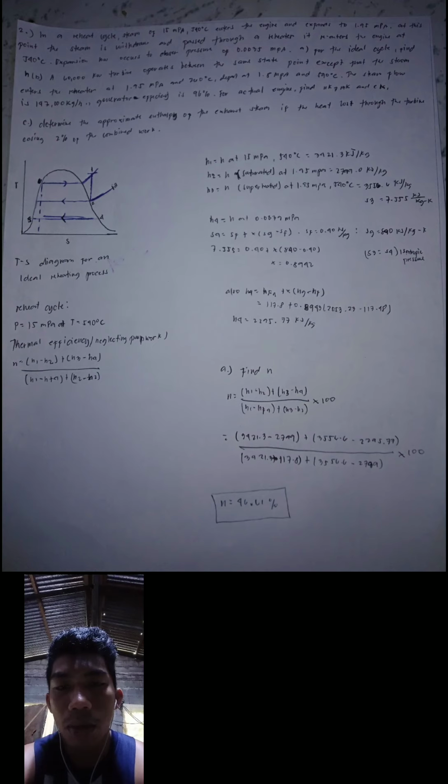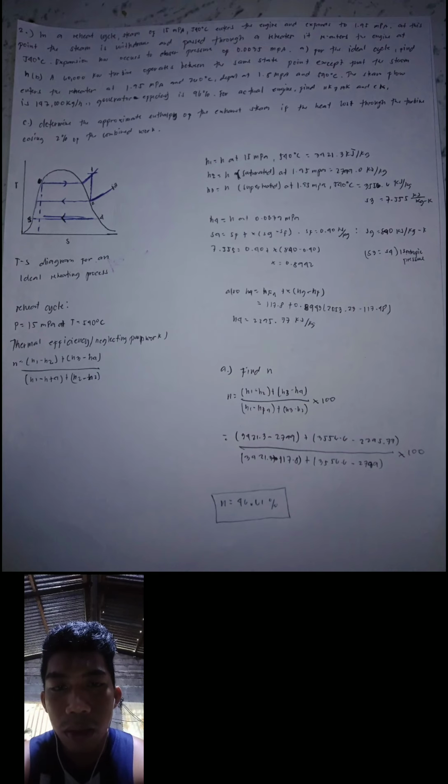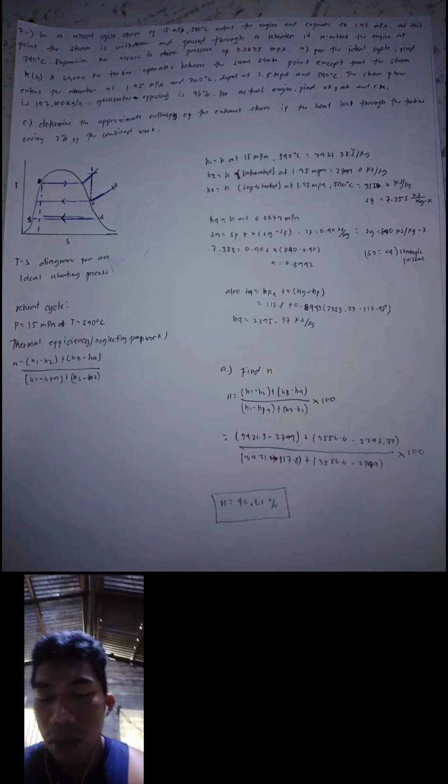State 5, H5 is equals to HF at 0.0035 MPa will give us 305.56. Pump work is equals to VF times P6 minus P5 is equals to 0.001024 multiplied by 1500.35 equals to 1.53669 kilojoules per kilogram.